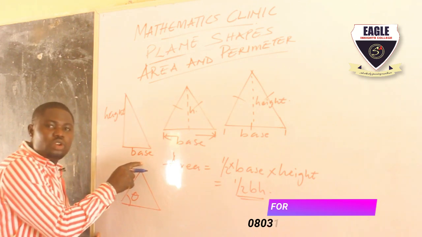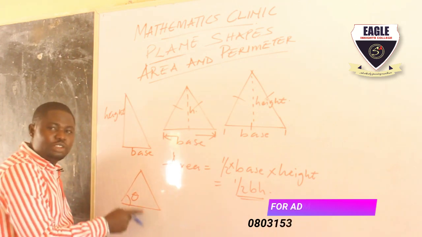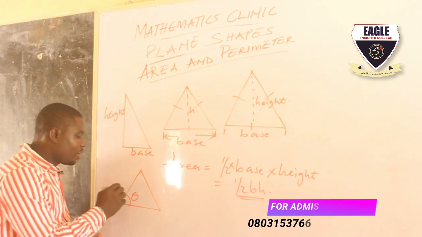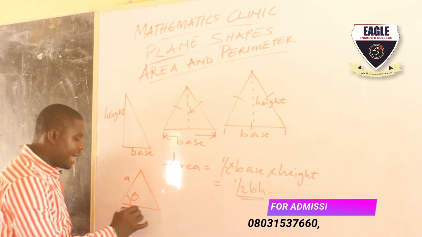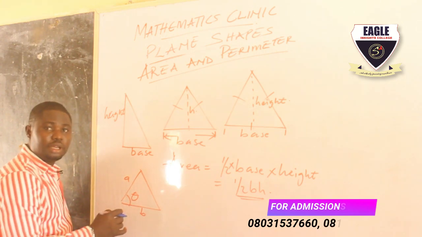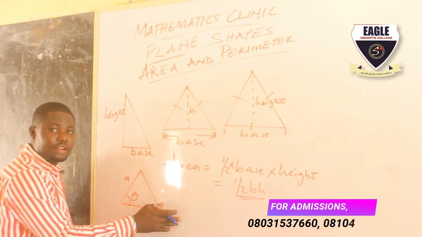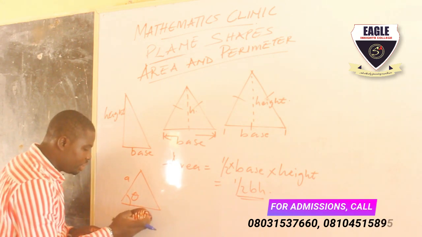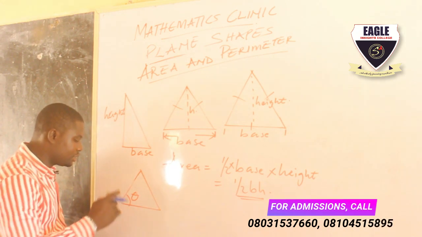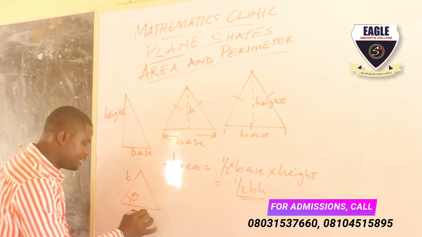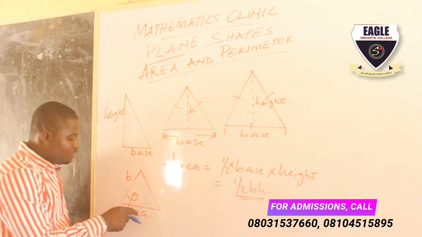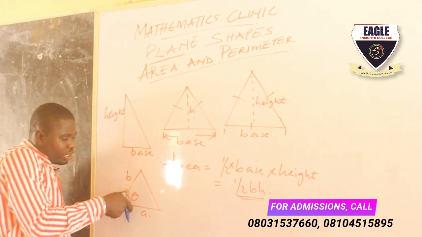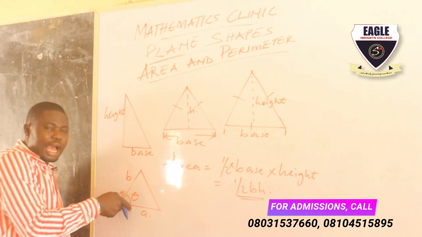Now the angle is connecting two of the sides together. So I call the first side A, I call the second side B. This B does not necessarily have to be the base. So this is B and this is A. So I have these two sides being connected by this angle.